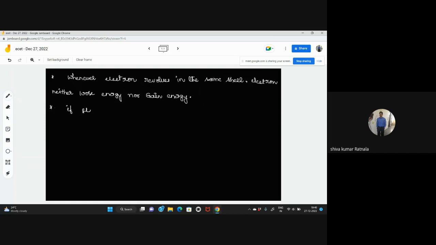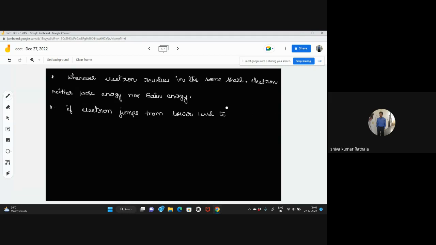But if an electron jumps from a lower level to a higher level, so he calculated which is the lower level and which is the higher level. In his theory, he calculated the energy values.